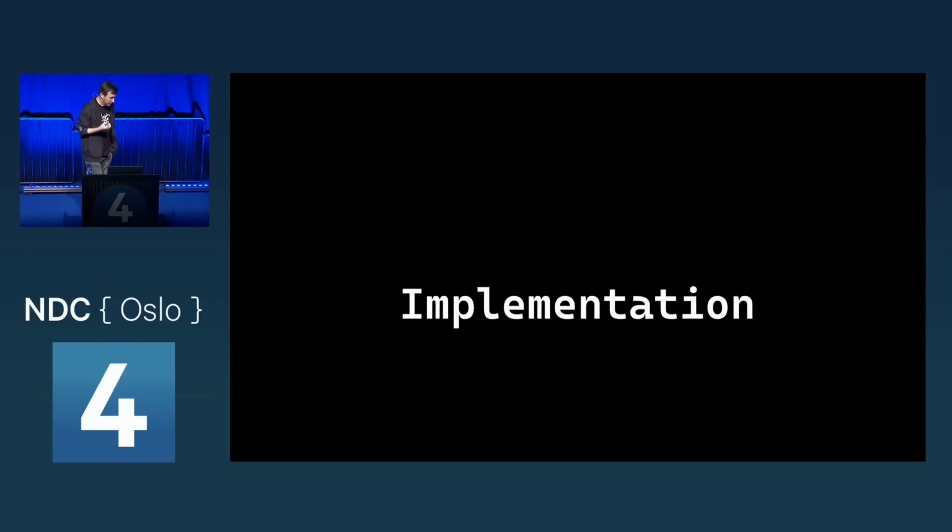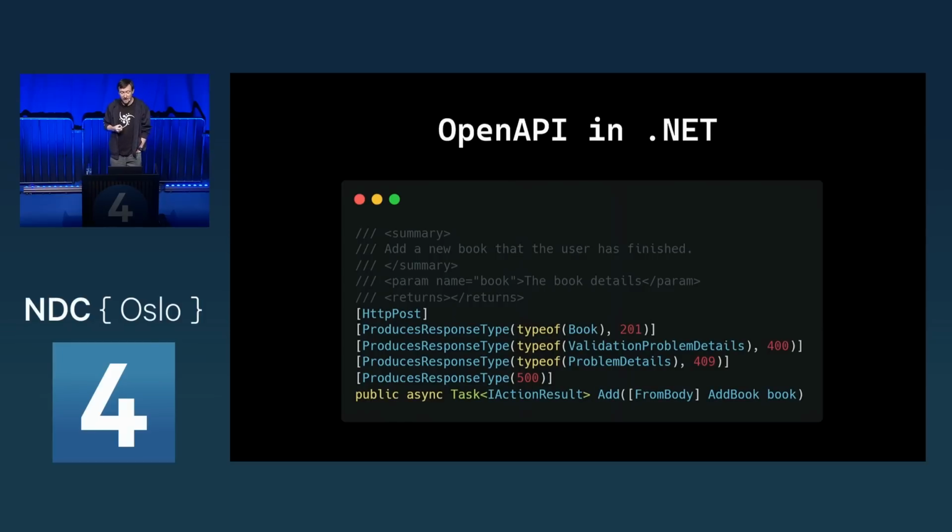So how do we implement OpenAPI? Well, like I say, in .NET, we add a bunch of attributes to our MVC controllers, or we add a bunch of .this, .that, .the other method calls on the end of our minimal API definitions. And we say, oh, okay, so this is an add, and it's a post method, and it produces 201 with a type of book, and we just fill our code with attributes.